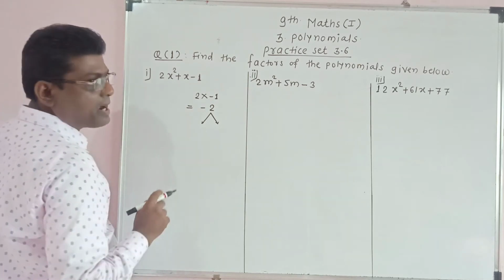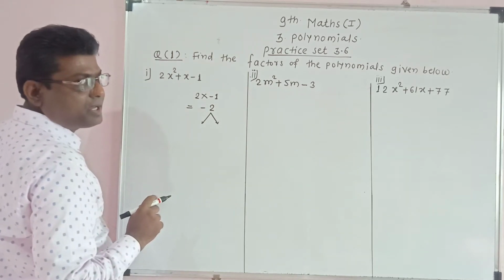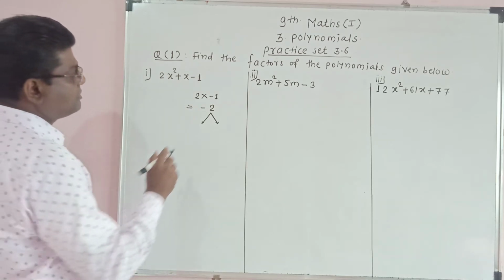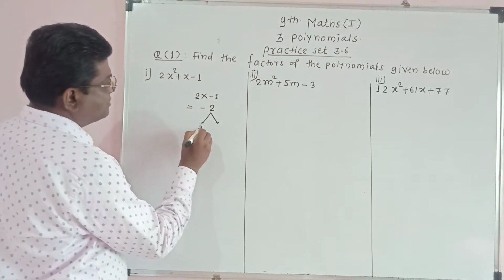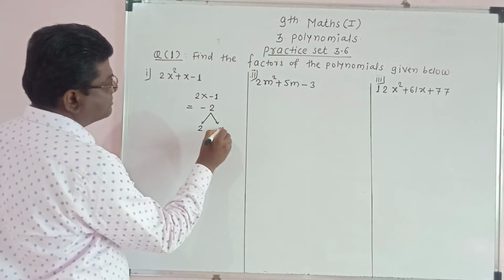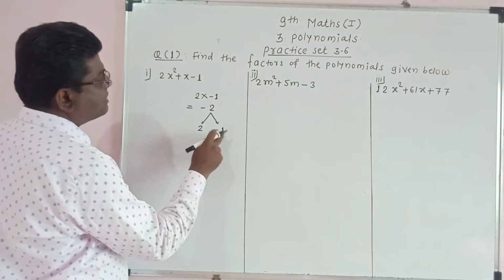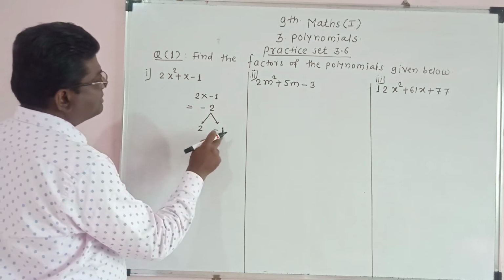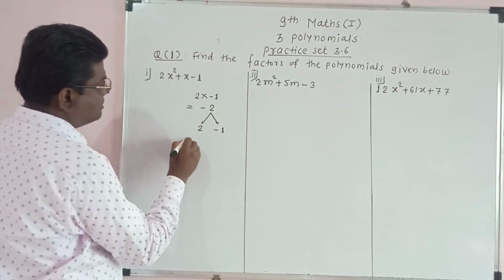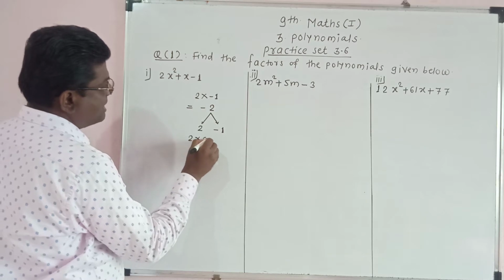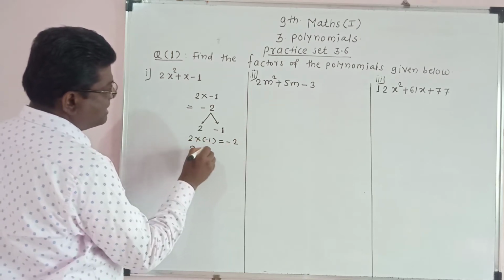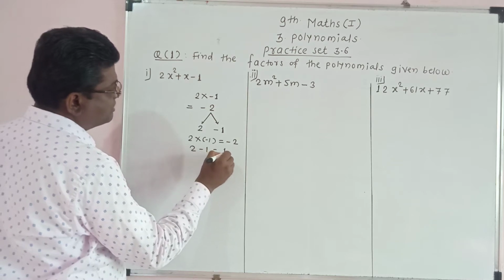So the numbers are 2 and minus 1. 2 into minus 1 is minus 2 and 2 minus 1 is equal to 1.